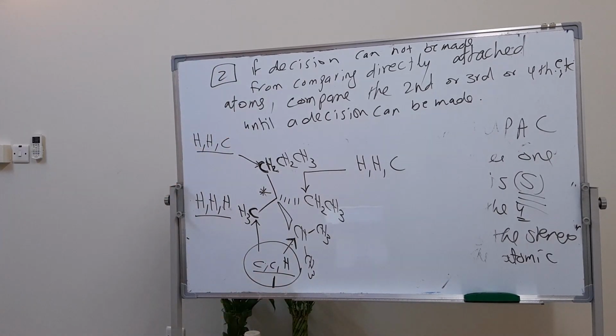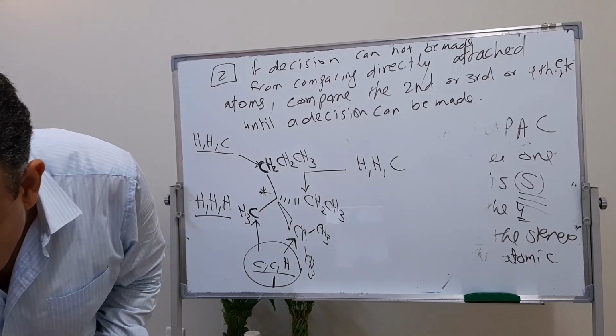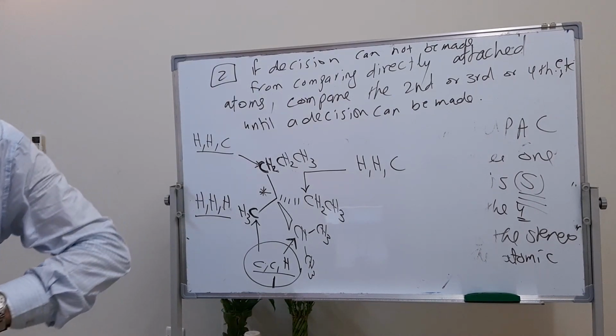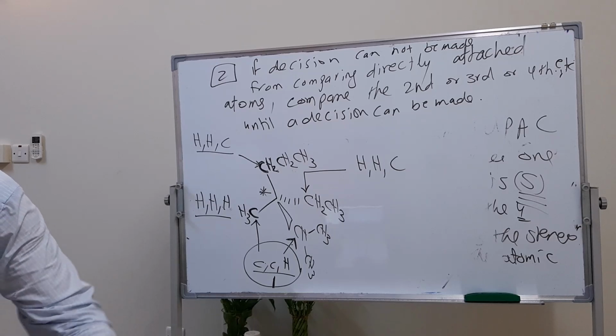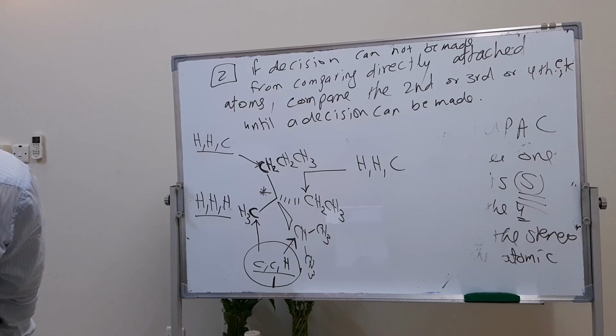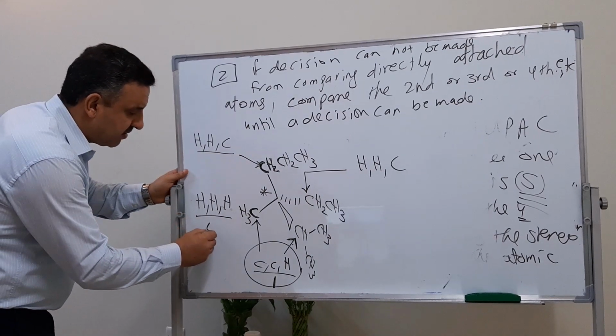Carbon, carbon, hydrogen is the highest. What should be the least priority atom or group in this case? What is number 4, the least priority group? It's exactly the methyl. So this is number 4.